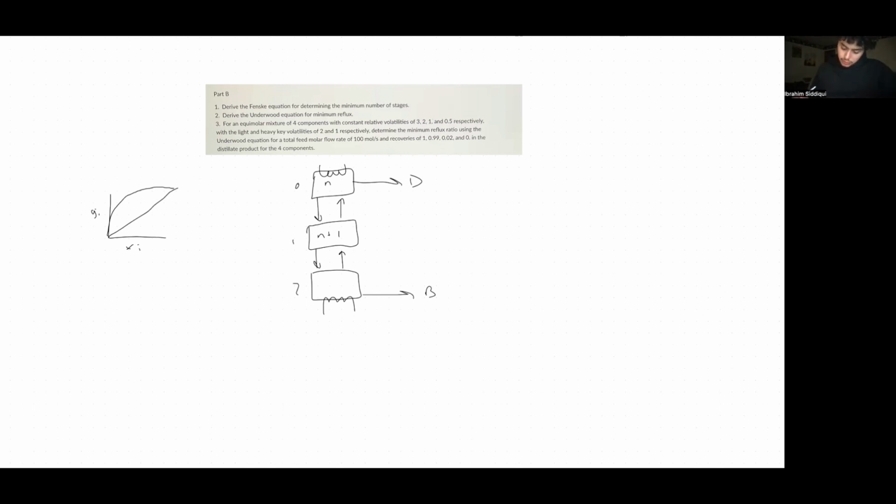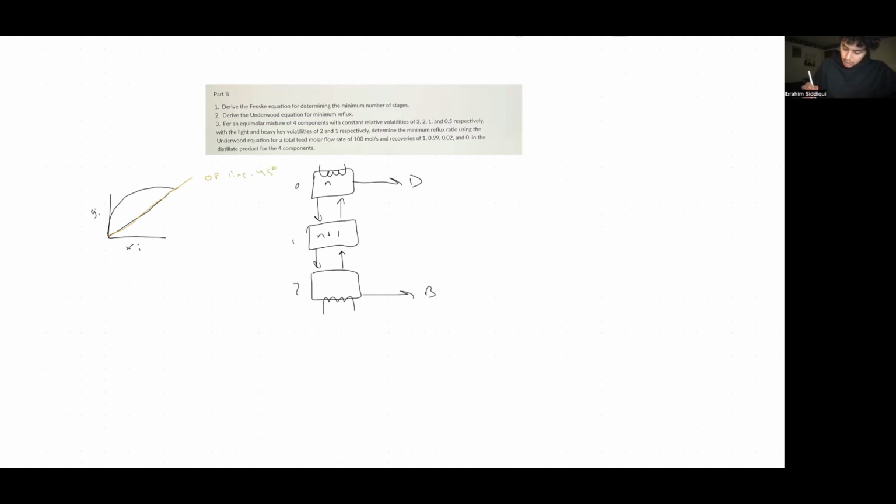And what we want to do for this, I'm going to change the color, is draw in an operating line on this 45-degree line. This operating line is essentially a 45-degree line.